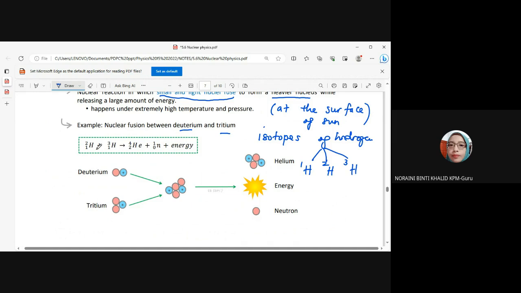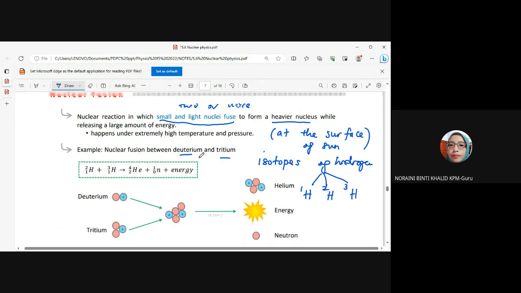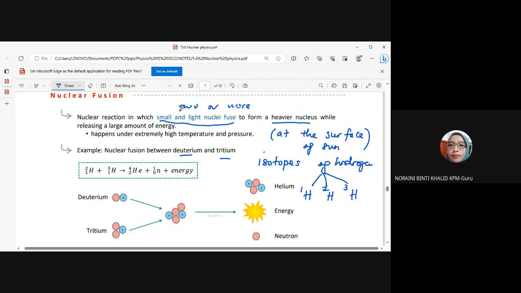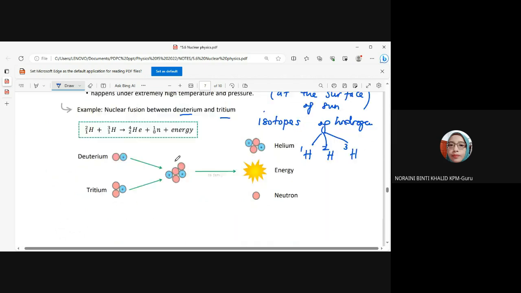Jadi dia boleh fuse, example, deuterium and tritium fuse or combine to become helium and release one neutron plus energy. Okay, so ini ialah fusion. Fuse, combine, join balik. Two lighter nuclei combine to form heavier nucleus by releasing large amount of energy.